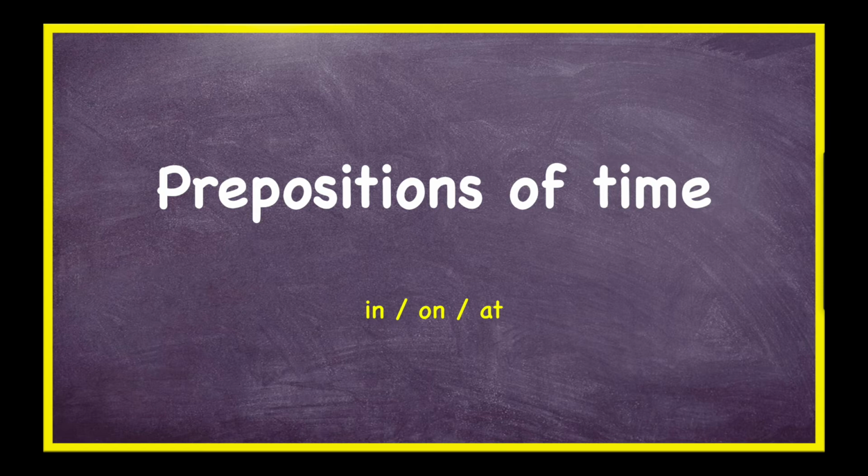Speaking of weekend, you can also say at the weekend, right? Say at the weekend, at night, right? You would say in the 21st century, or in the morning, in the afternoon, in the evening, right? But then, of course, we've got at night. So these are prepositions of time.